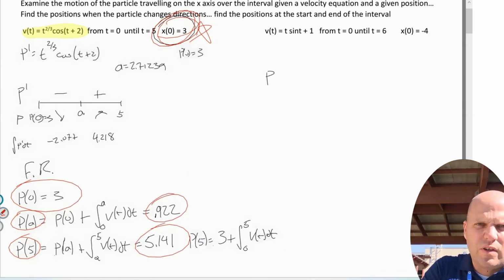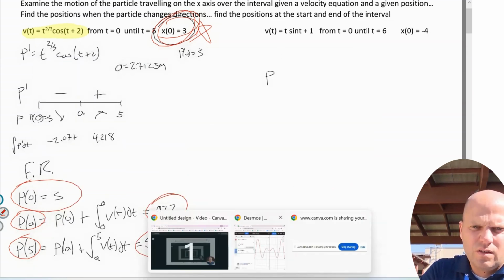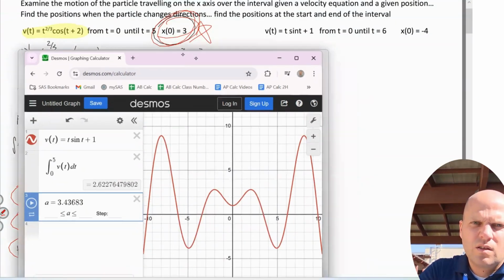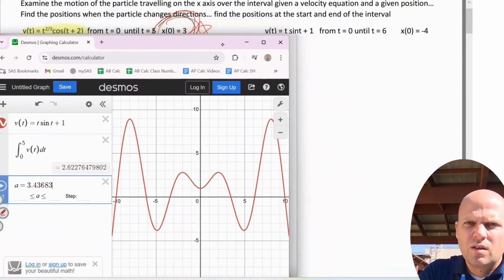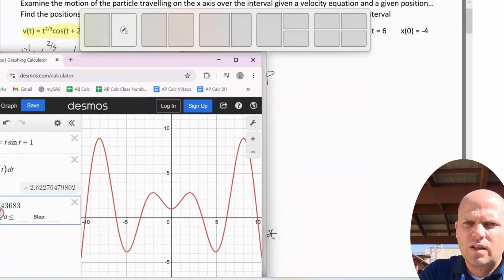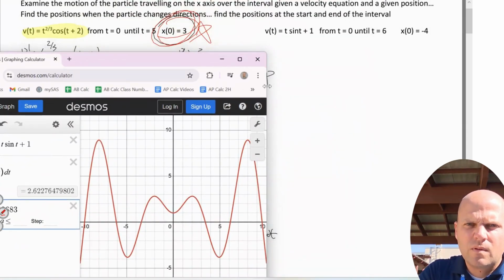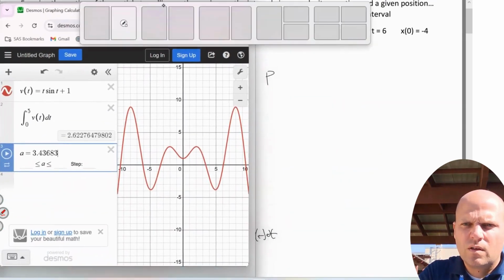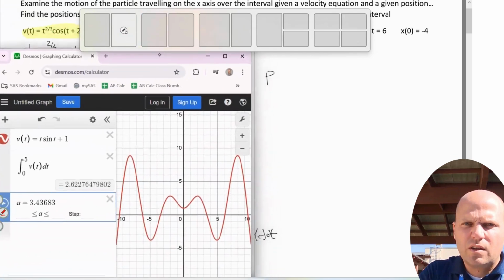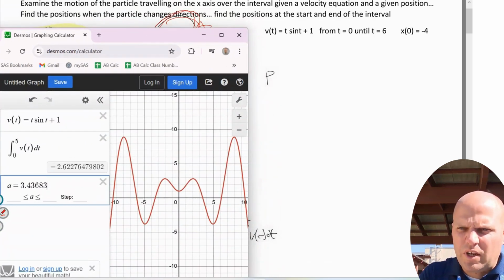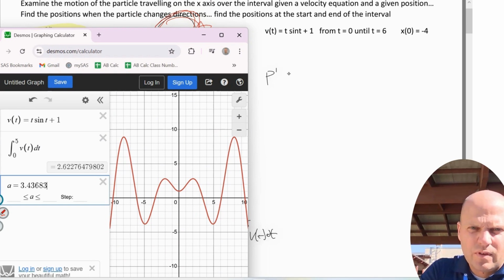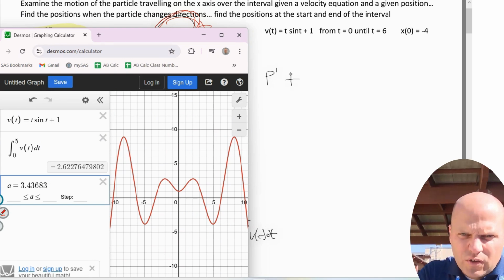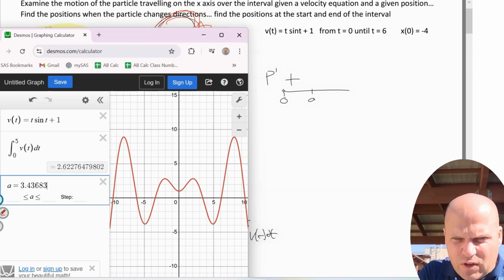I can see my derivative is positive until this value, we'll call it A. And then 6 ends right here, so we can see that my derivative is negative until almost 6.